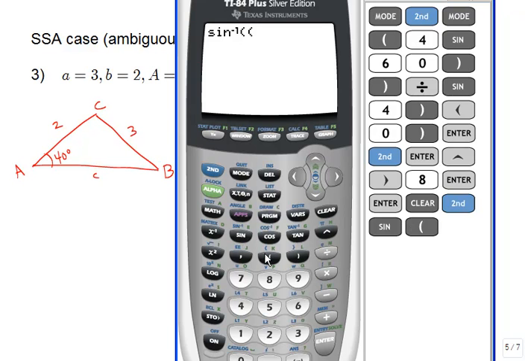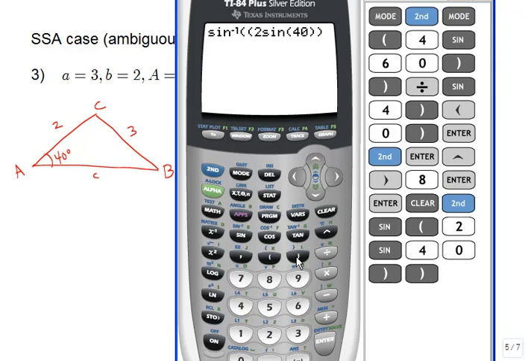In the numerator, I had 2 sine of 40 degrees, close the parentheses on the sine, close the parentheses on the numerator, and then we're dividing that by 3, and it's that entire quotient that we're taking the inverse sine of. So when I hit enter, this should be the value of angle B in degrees. So angle B is 25.37 degrees.